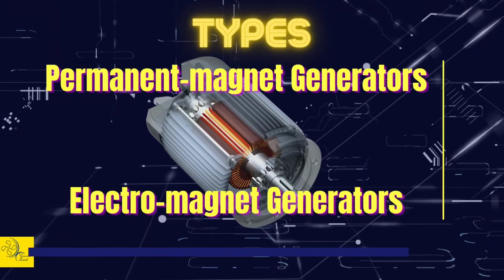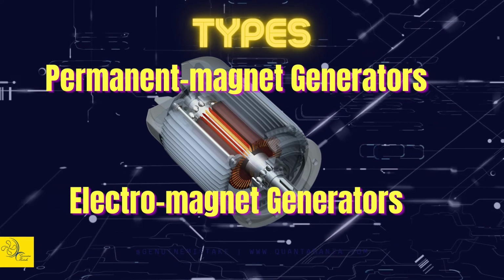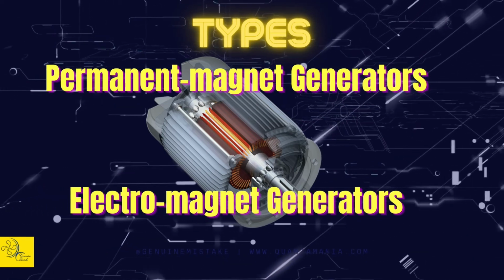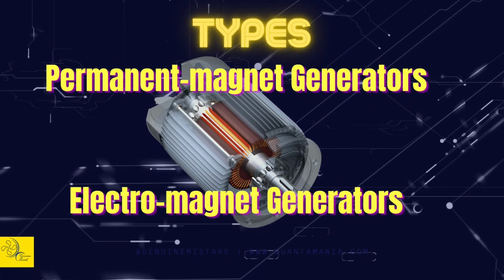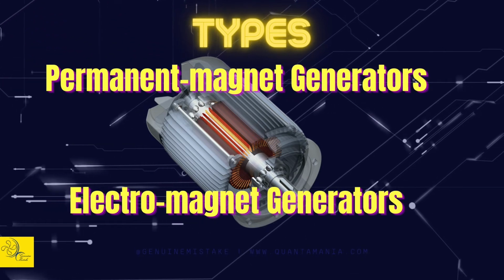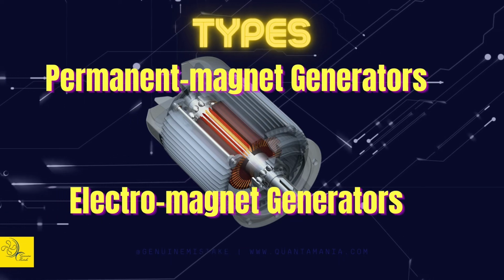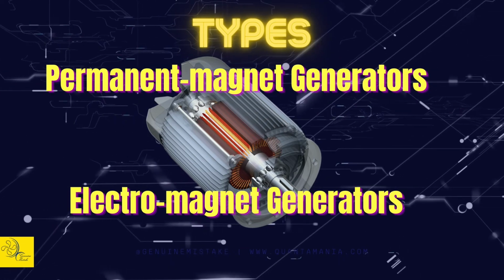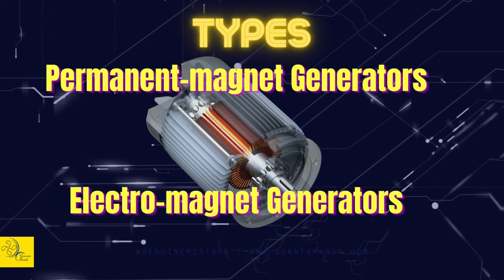Depending on how a magnetic field is provided for a generator or a motor, we have two types of generators and motors. I'm just talking about generators, but you can apply all of this to motors as well. If the magnetic field is brought to the generator by a permanent magnet, then it's called a permanent magnet generator.